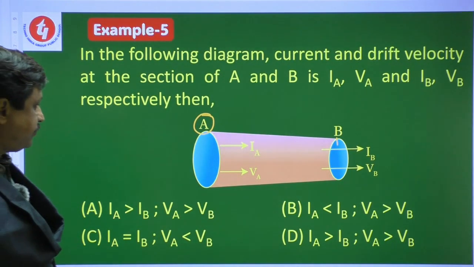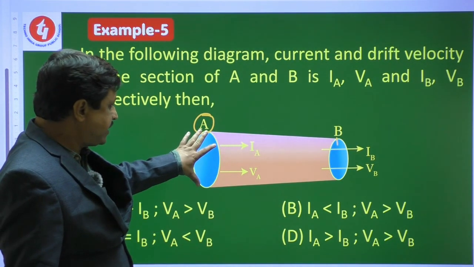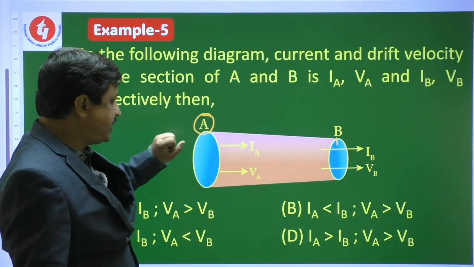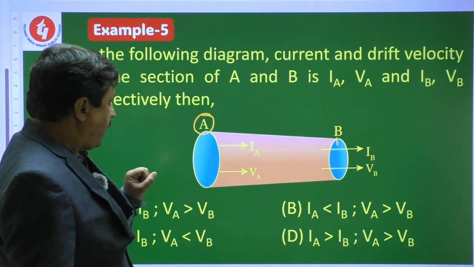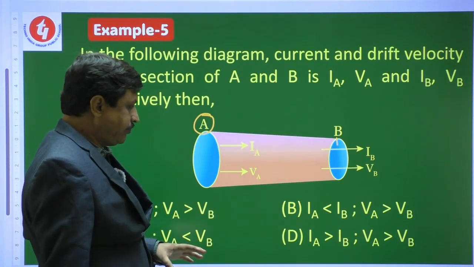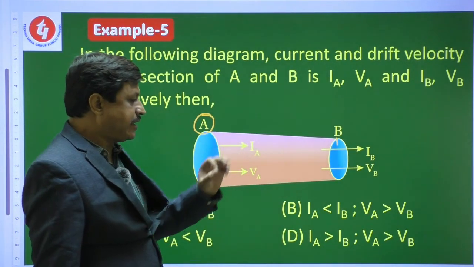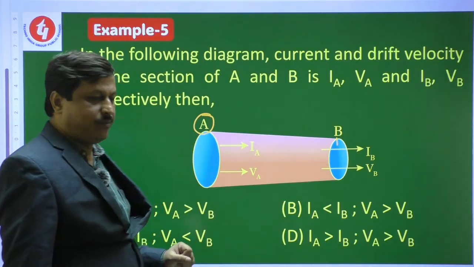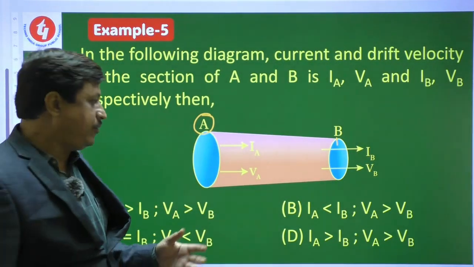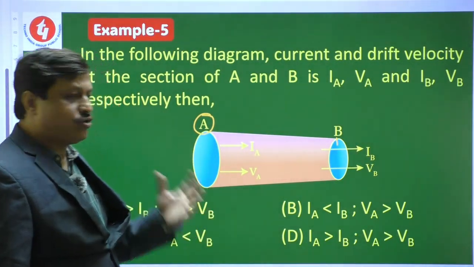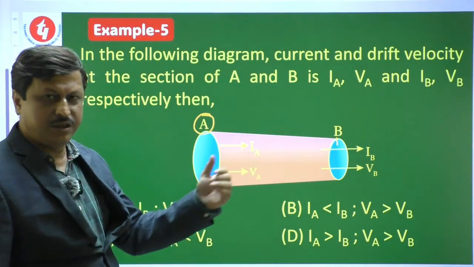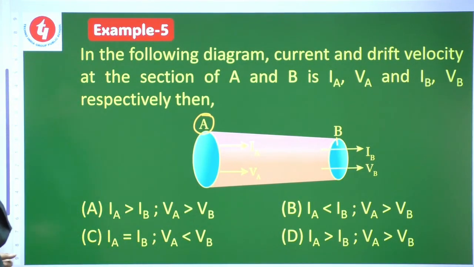That means the radius of section A is greater. Then is IA greater than IB, or VA greater than VB, or IA less than IB, or VA less than VB? Which one is correct from these options?